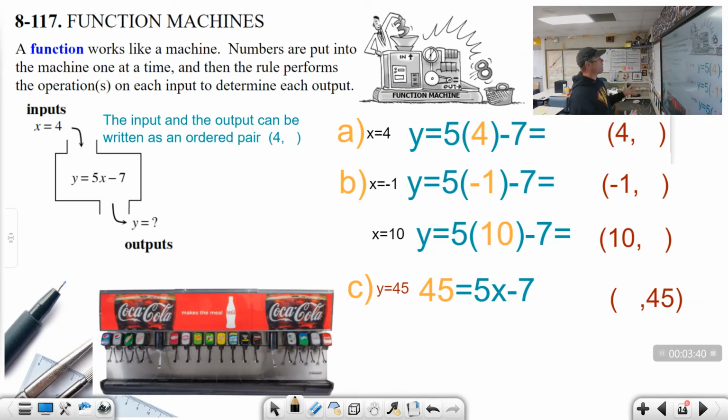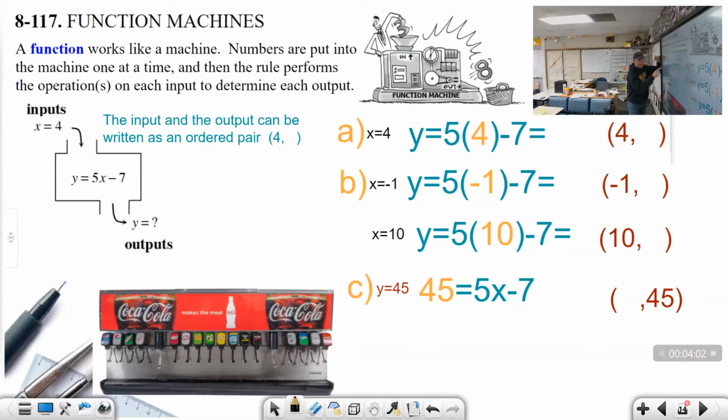So when we look at a problem like 8-117, function machines, okay? A function works like a machine. Numbers are put into the machine one at a time, and then the rule performs the operation on each input to determine the output. Notice we've got a little machine over here.